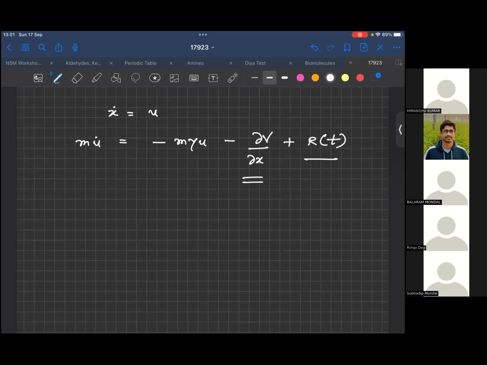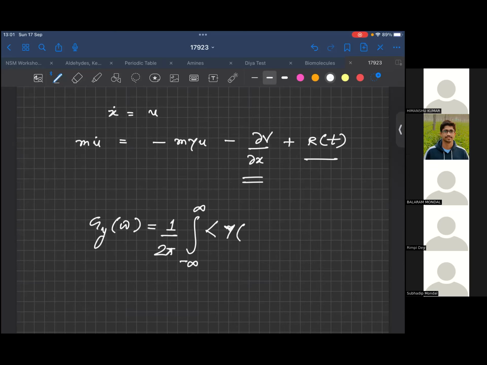So the power spectrum for any stationary process can generally be given as... now consider y as any physical observable.